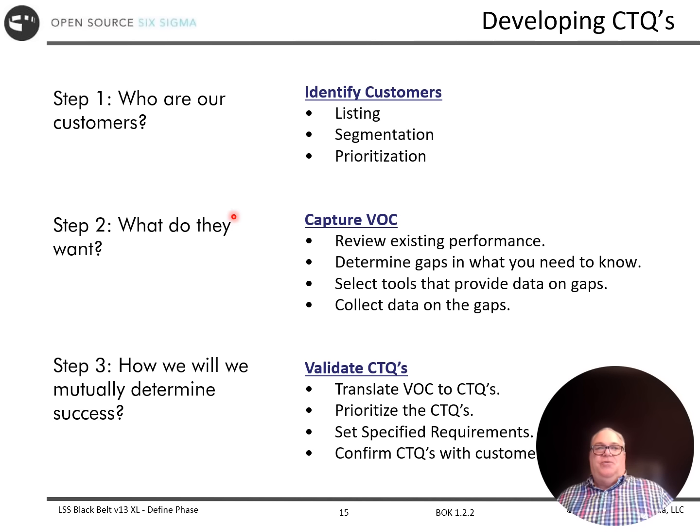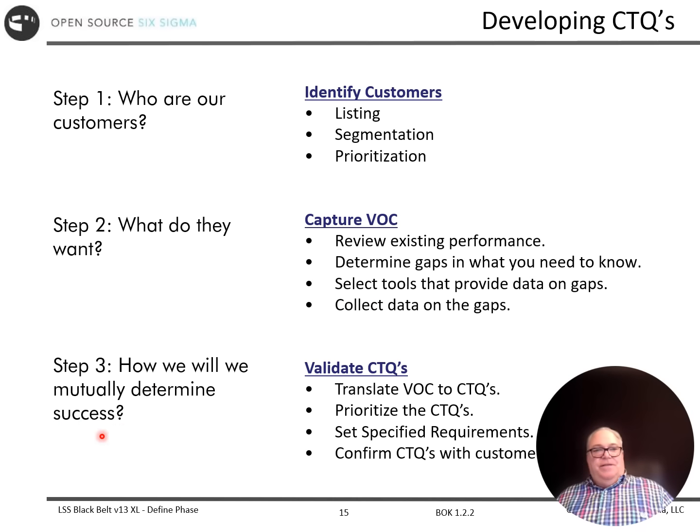Well, what do they want? So we're going to look at those critical to quality characteristics, and hopefully determine one or two where we're not meeting expectations. So maybe we're not really good at timely delivery. Maybe we're not really good at a quality aspect or reliability aspect, and we can try to close that gap.